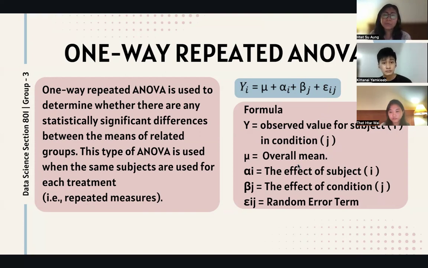By groups, we mean the same subjects tested at different times or under different conditions. In our case, it is one-way, so we only need to consider one different time or condition over only one variable. And the right side is the written formula.